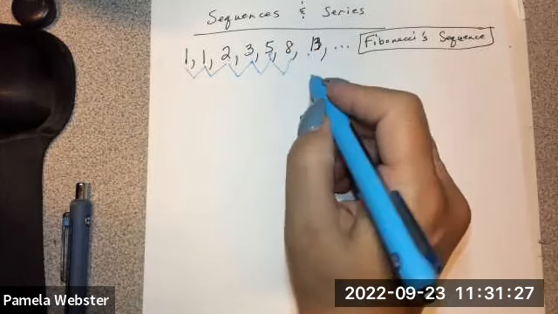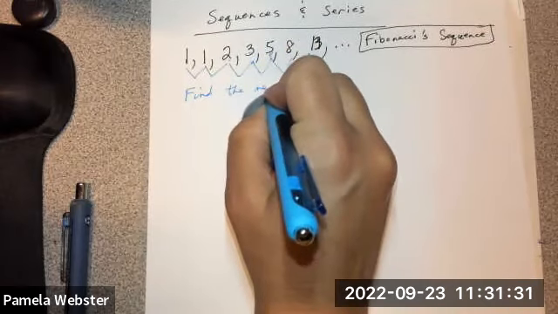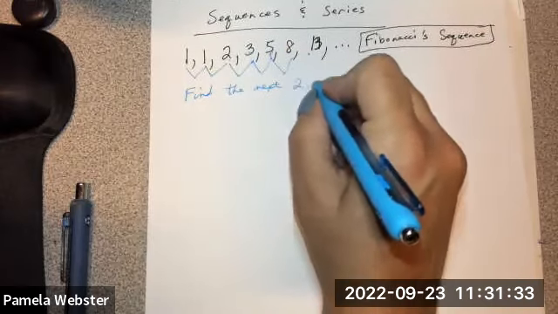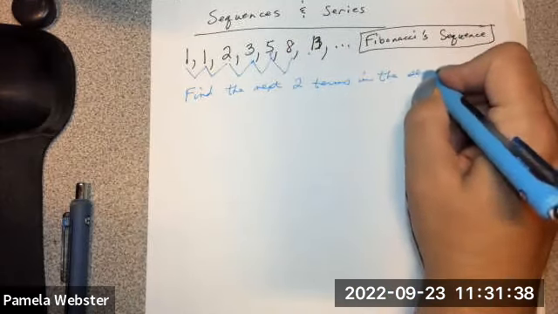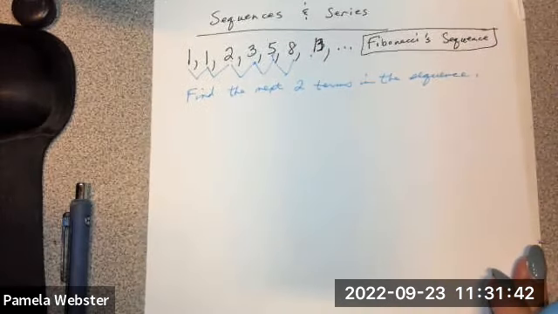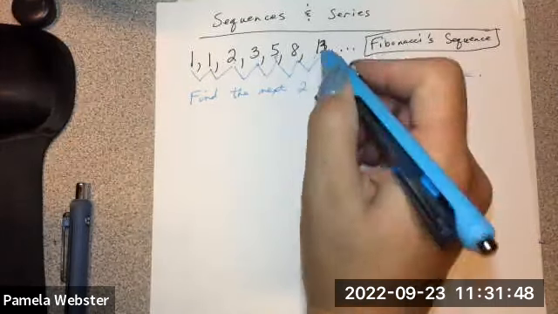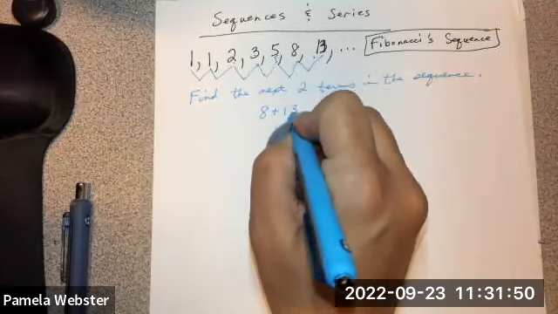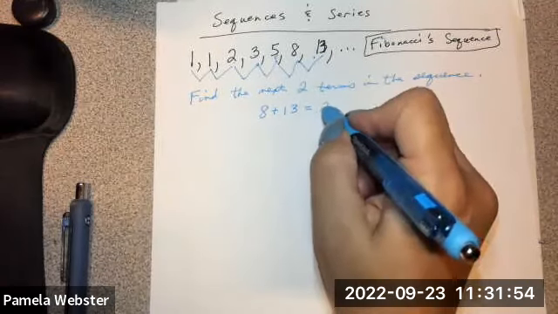And so the directions will often say, find the next two terms in the sequence. Sometimes it's 3 terms. Sometimes it's just the next one term. So if you're following that particular pattern, then hopefully you see the next one is 8 plus 13, and that'll give you a 21.